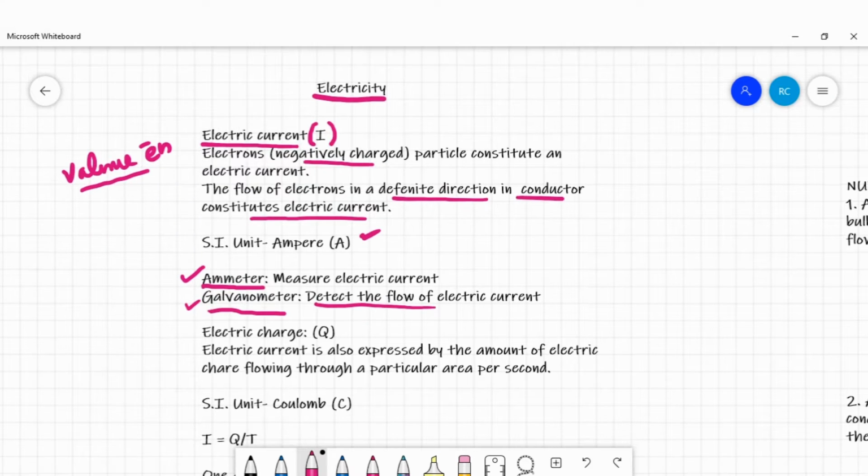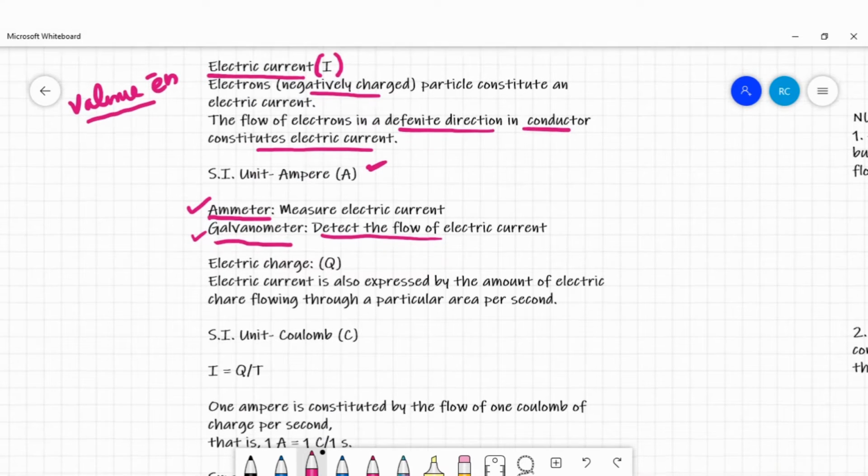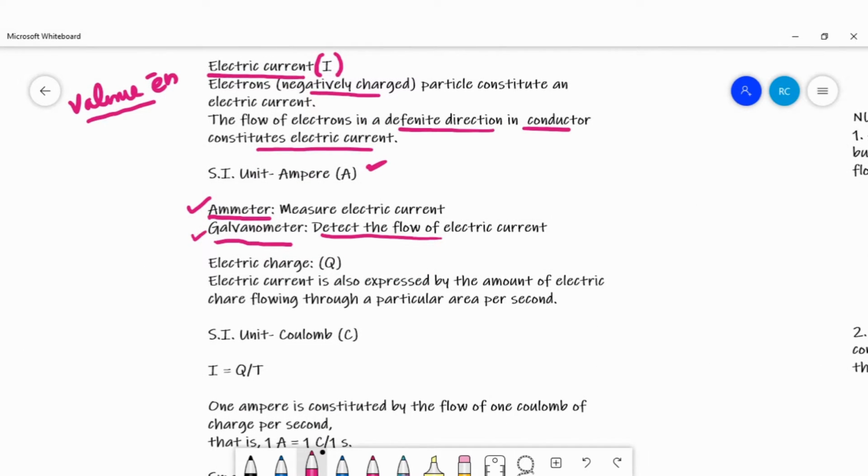Automatically we can use electric charge for representing the amount of current through a conductor. So for electric charge, you can use the letter Q. The amount of electric charge flowing through a conductor in 1 second can be considered as the electric current, which means if you have a conductor, how much electric charge is flowing through this conductor in 1 second, that can be considered as the electric current.